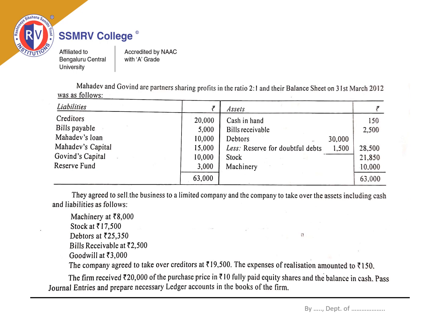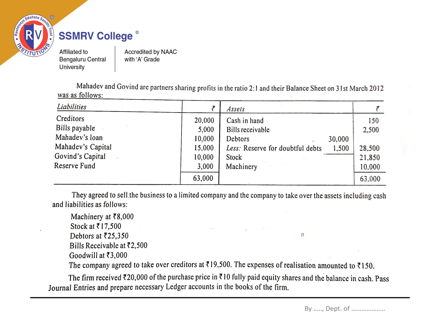The company agreed to take over creditors at rupees 19,500. The expenses of realization amounted to rupees 150. The firm received rupees 20,000 of the purchase price in rupees 10 fully paid equity shares and the balance in cash. Pass journal entries and prepare necessary ledger accounts in the books of the firm.